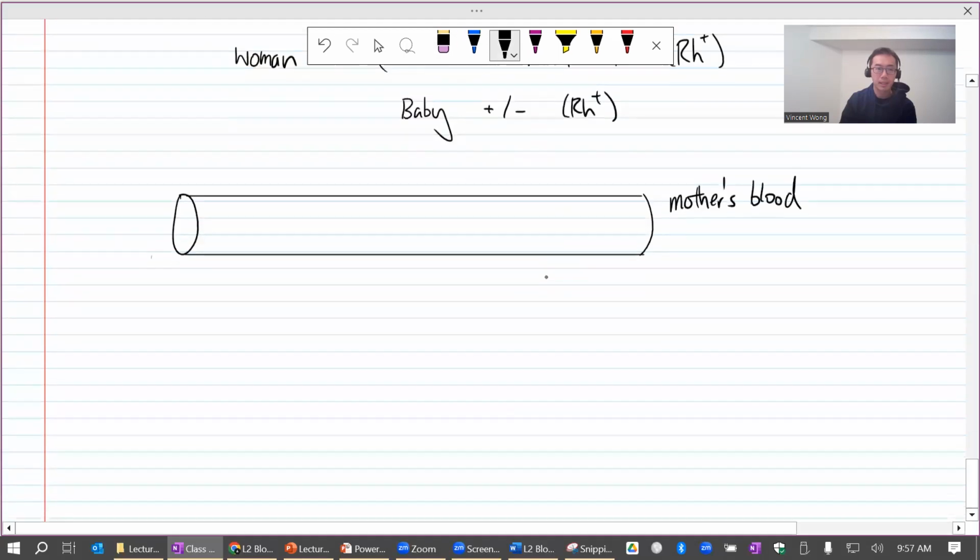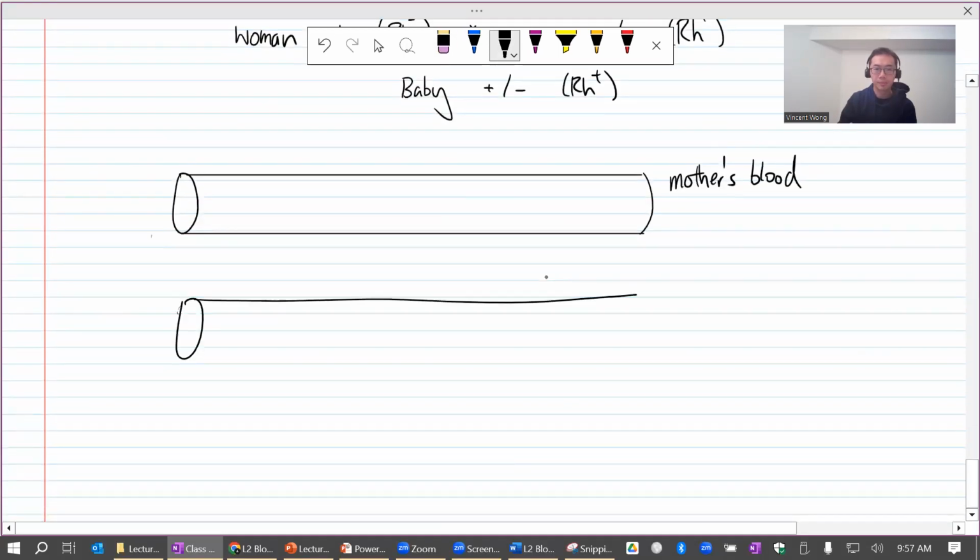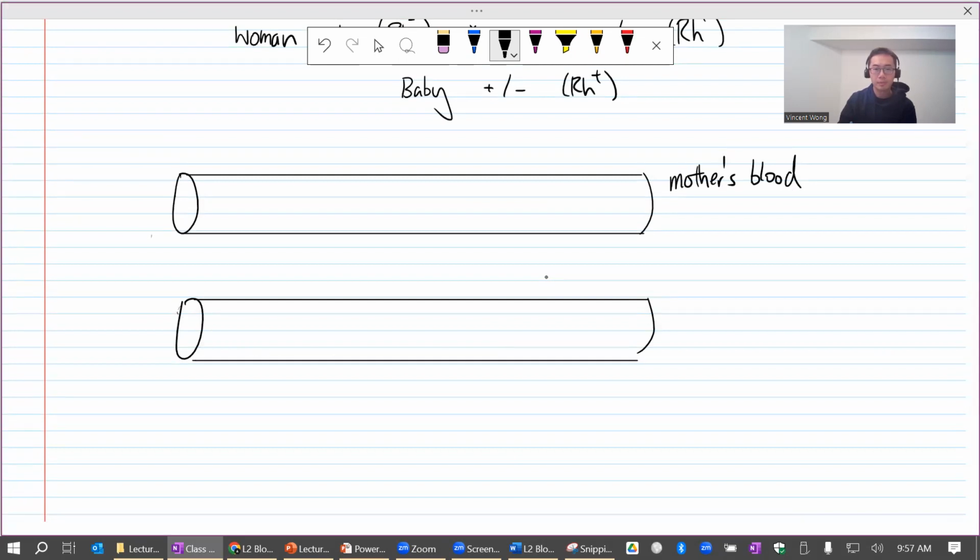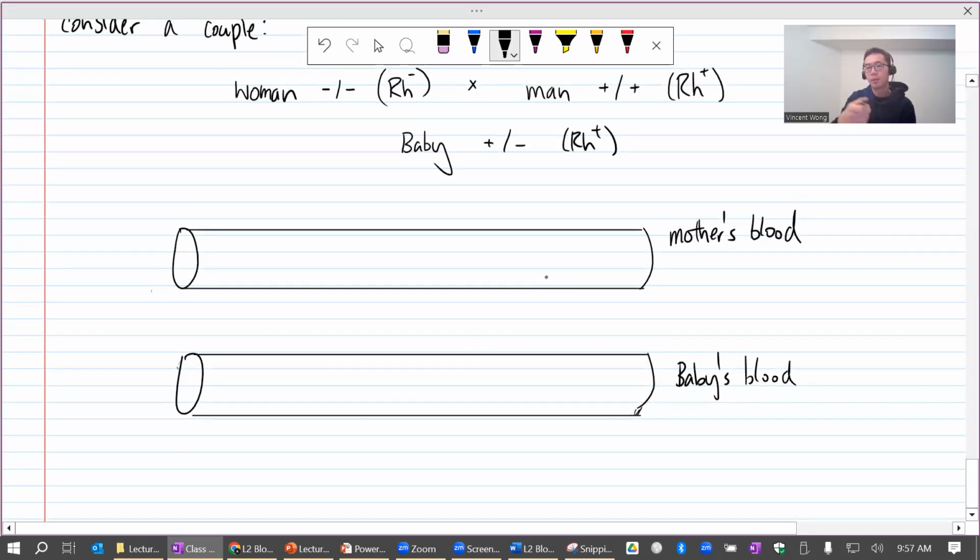And then this is the baby's blood. The baby is still in the mother, during pregnancy. What separates the mother's blood and the baby's blood? Anybody?